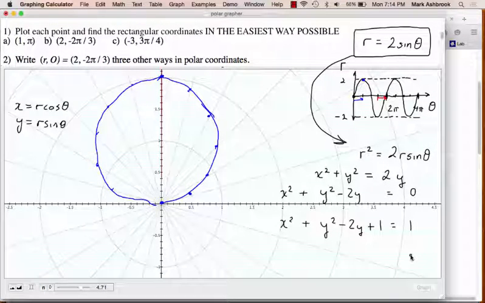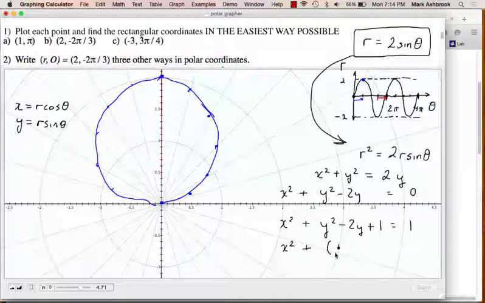So how do you complete the square to get a perfect square trinomial? You take half of the linear coefficient, just the y, first power, half of that coefficient and square it and add that on. But if we add it on the left, we have to add it on the right. Now we've got a perfect square. x squared plus y minus 1 quantity squared equals 1.